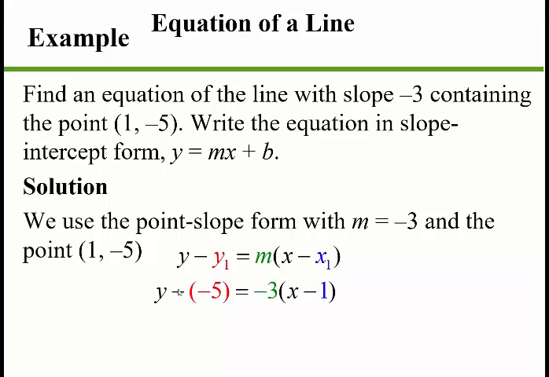So when you do that, you'll notice you get double negatives. So that's going to become positive. You're going to have to distribute the -3. So this becomes y plus 5, -3x, negative times a negative becomes +3. And then the last thing you're going to do is subtract the 5. And you get y is equal to -3x minus 2. And that is in that final slope-intercept form right there.